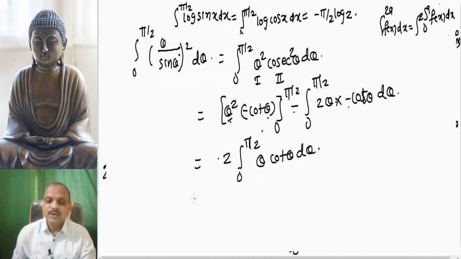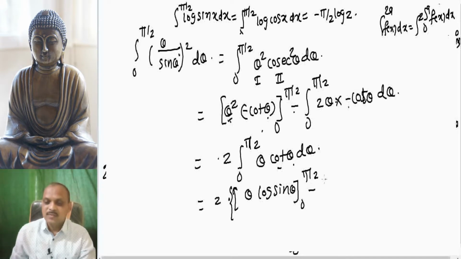Again, 2 into theta into the integral of cot theta, which is log of sin theta, between the limits 0 to pi by 2, minus the integral from 0 to pi by 2 of the derivative of the first, 1, and the integral of the second, log of sin theta, d theta.